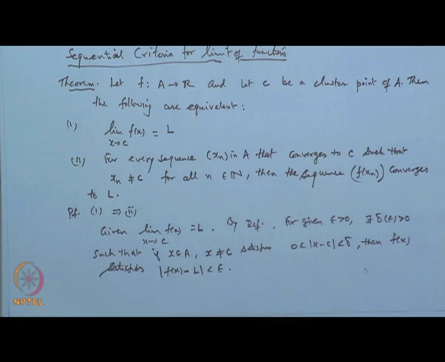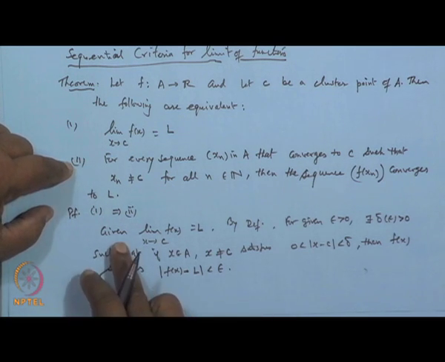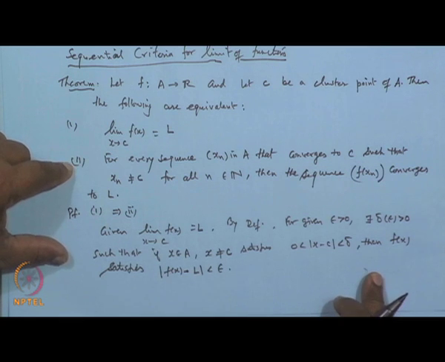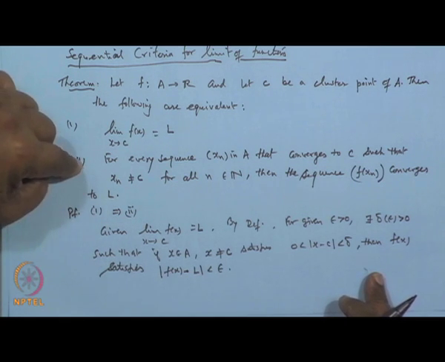Okay, this is given. Now, further we wanted to show 1 implies 2. So, 1 is given, and we get this much information. Now, let us say 2.